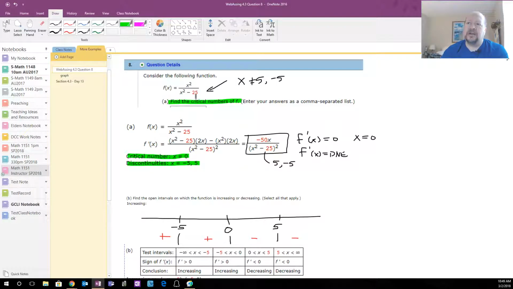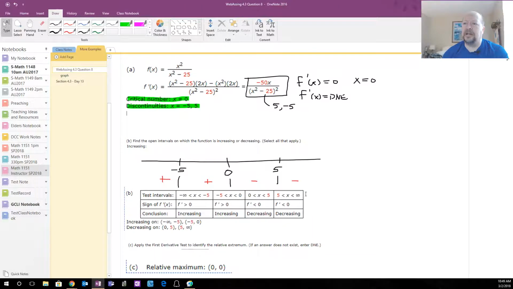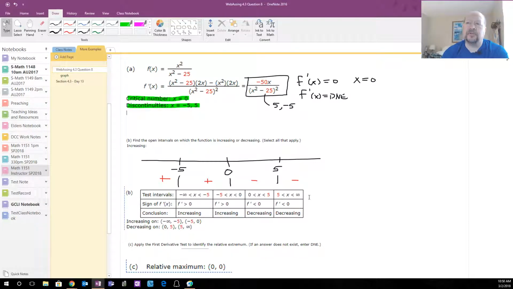And when you look at the graph, we'll look at that in a second, those are going to be locations of vertical asymptotes. We need to have those discontinuities on our sign chart when we find the increasing and decreasing intervals.